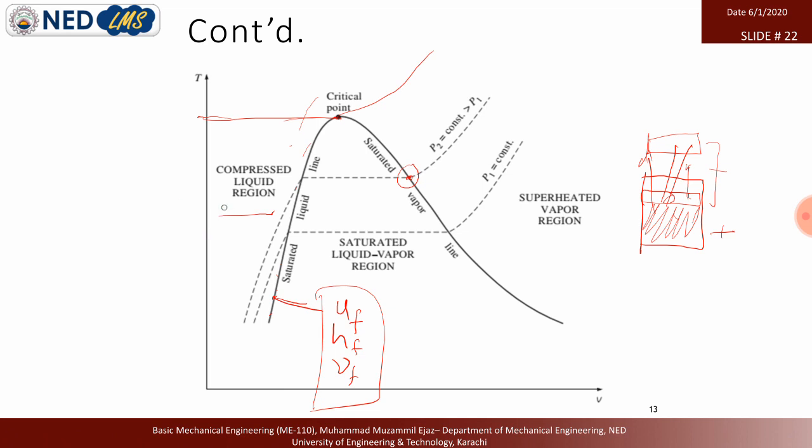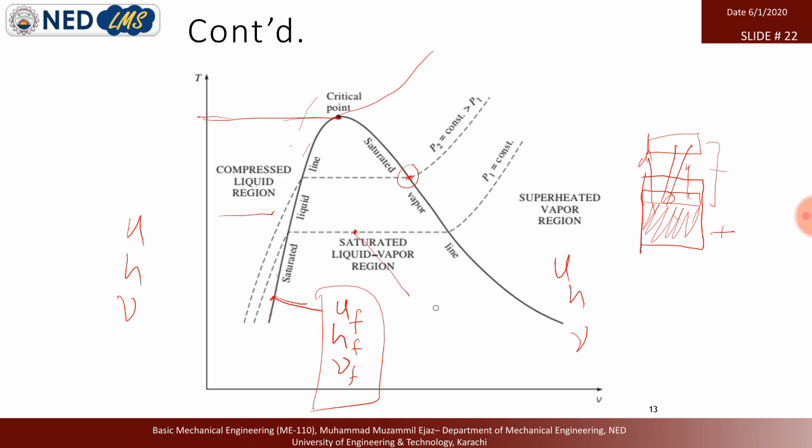So any properties in this region are denoted by simple u, h and v, specific. We know that it is a uniform region, so we don't need to subscript with anything else. But in this region we have three different modes of every property. At this point we have a saturated liquid point, and in the middle we have half liquid and half vapor.